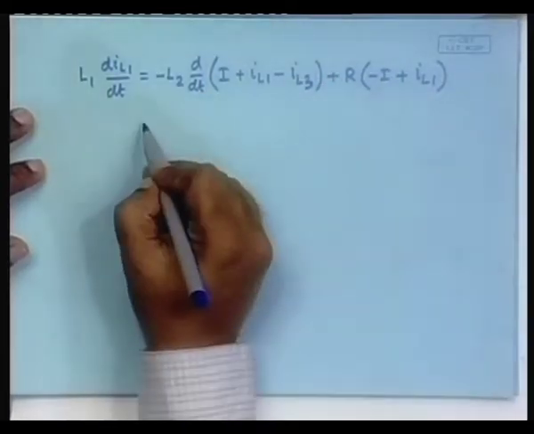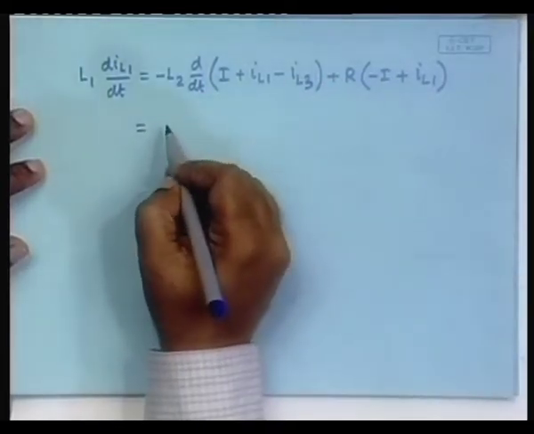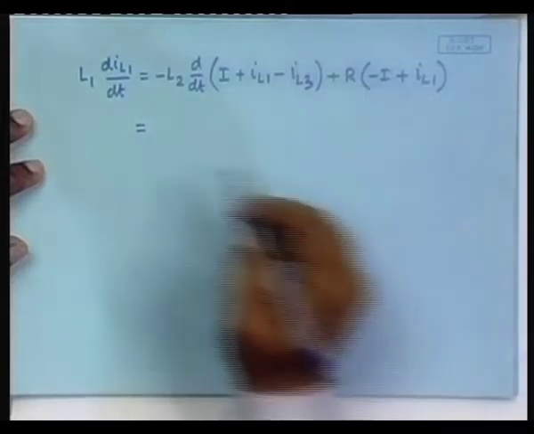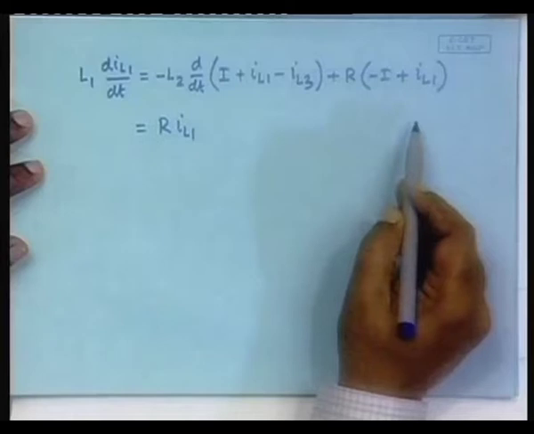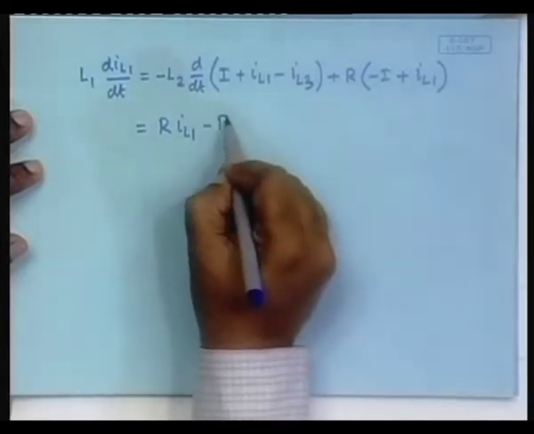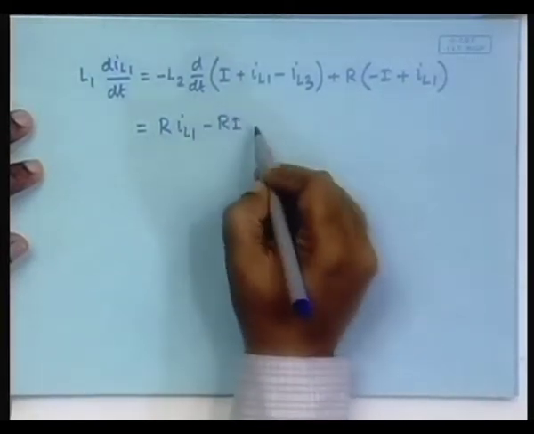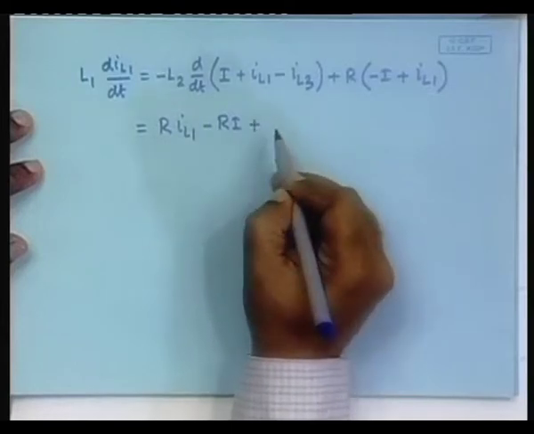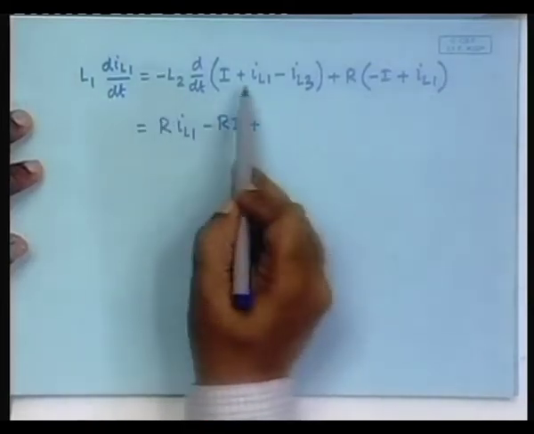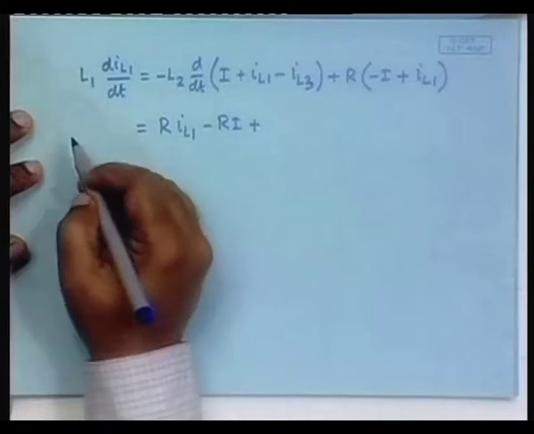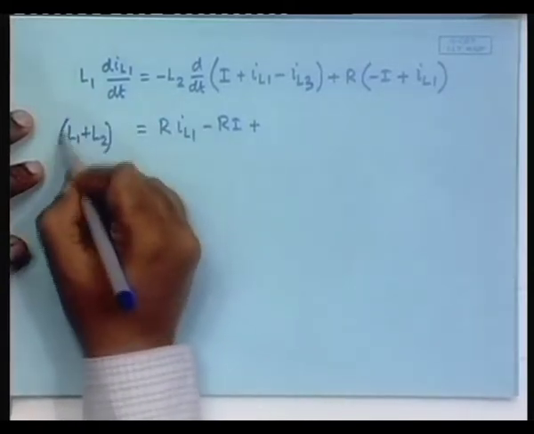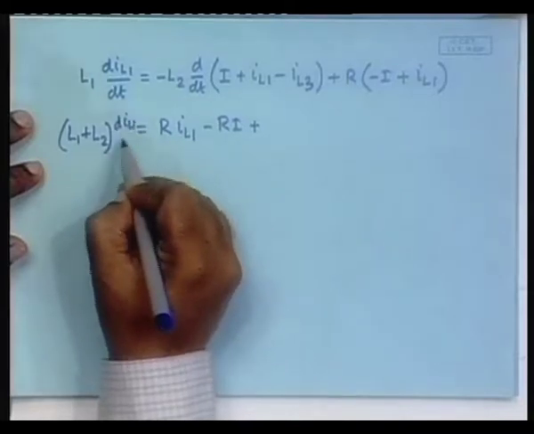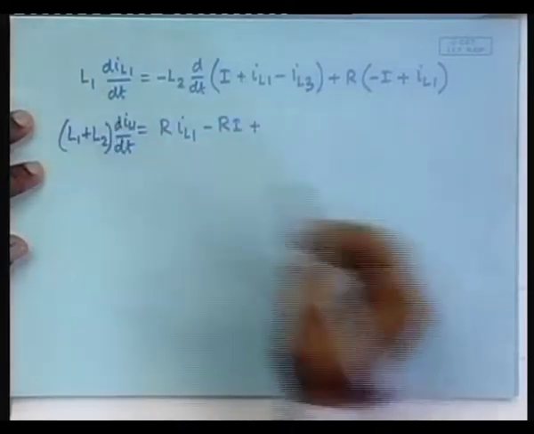Now expand it, you will get R IL1 minus R I, then the derivative terms, plus we can get one term this side. So it will become L1 plus L2 dIL1 dt. This term goes here.